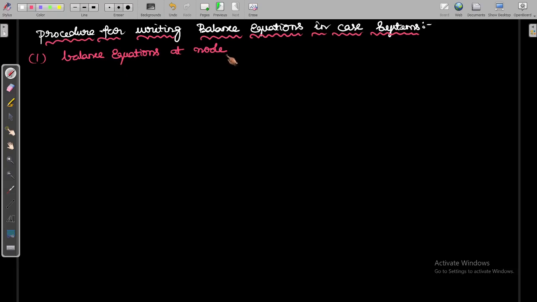What is the meaning of a node in the system? In the system, nodes are the meeting points of elements.